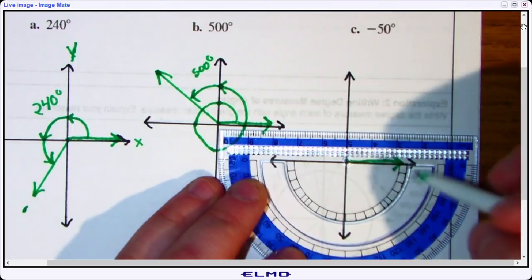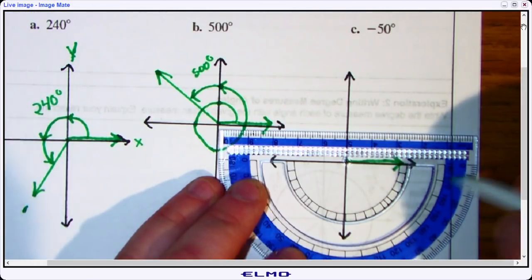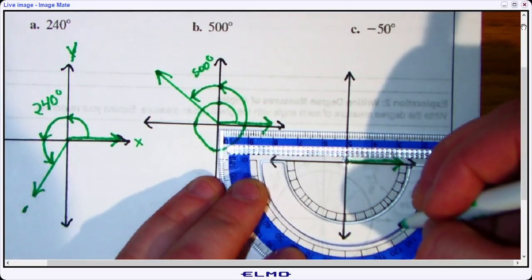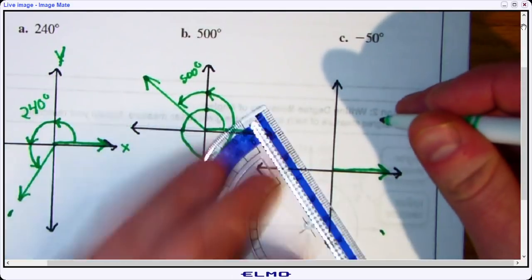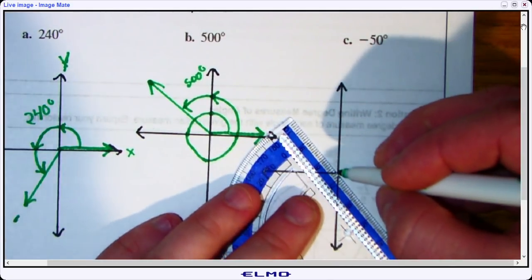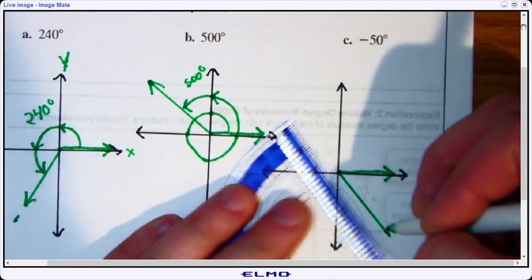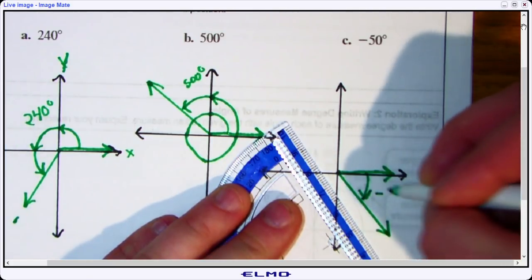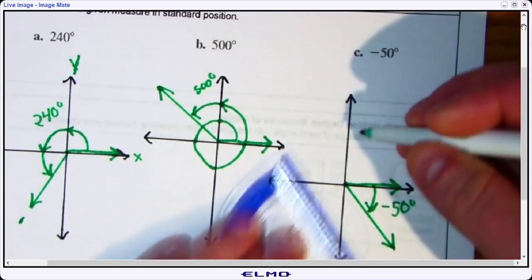So I've got my 10-degree increments right here, so we can just go 1, 2, 3, 4, 5. Mark that. And that is negative 50 degrees.